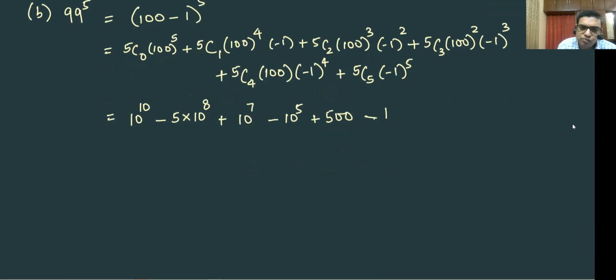Now we'll just add the positive terms and then the negative terms. 10 power 10, that is 1 followed by 10 zeros. Then 10 power 7, 7 zeros.